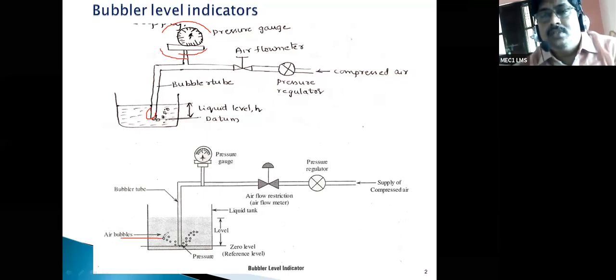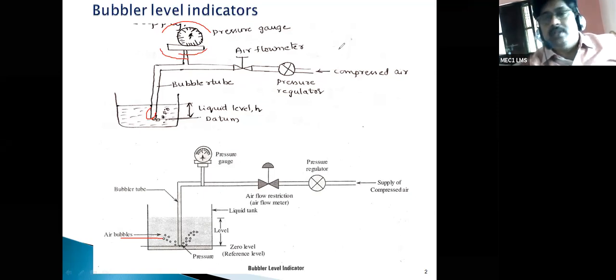Once the air bubbles come in, it indicates the pressure of the air is equal to the pressure of the liquid at the bottom. That is the hydrostatic pressure of the liquid, which is indicated on this pressure gauge. That pressure is proportional to the level of the liquid in the tank, right?